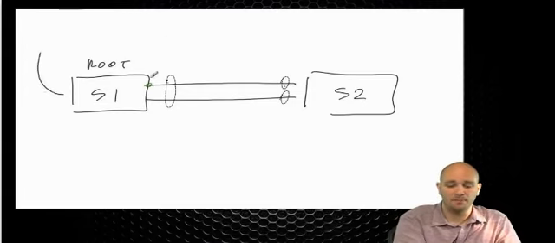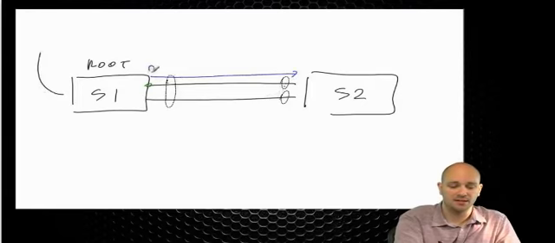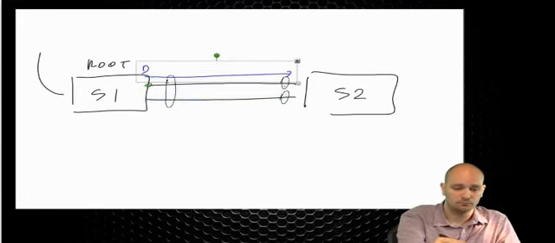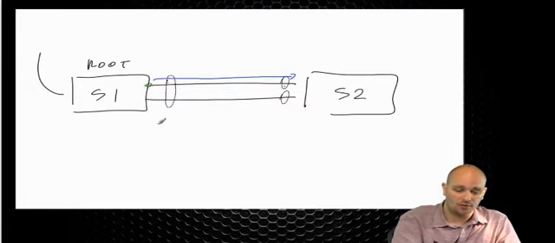That means that our BPDU frames will be sent out on this port. This becomes a designated port. Well, actually, from the perspective of this device, what is designated port is, so our spanning tree frames are being sent out this way, and our designated port is actually a port channel.